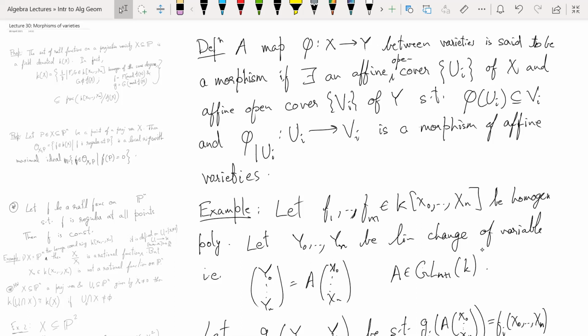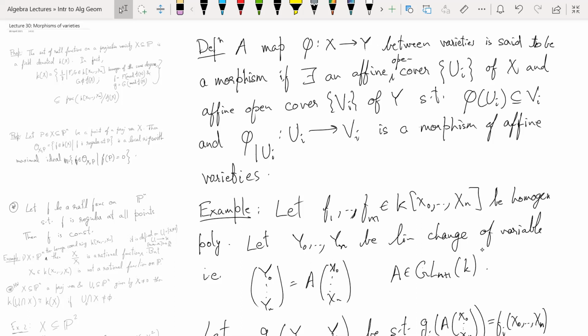So you collect certain regular functions, and that gives you a morphism. But we know that for projective varieties, regular functions are very rigid. I mean, they are constants. So that won't work. But we also know that every projective variety can be covered by affine varieties, using U0, U1, and so on. So we'll use that to define morphisms between varieties.